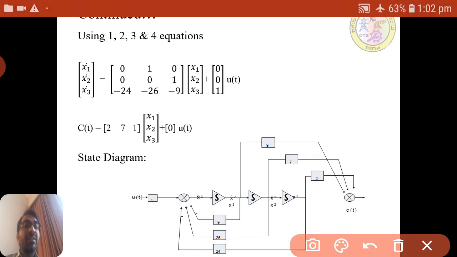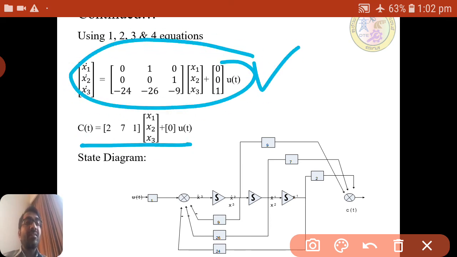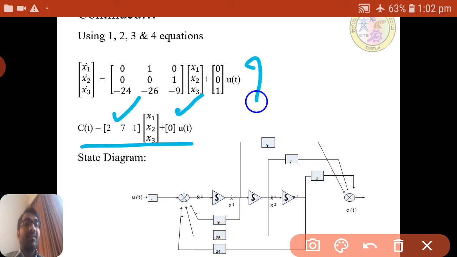The first three equations give the state model for the three state variables, and for c of t the above term we can give the coefficients as 2 7 1, and the input is 0. So this is the state model for the transfer function.